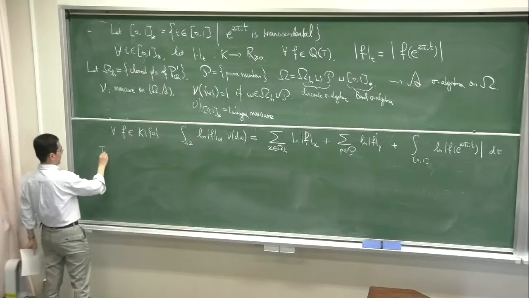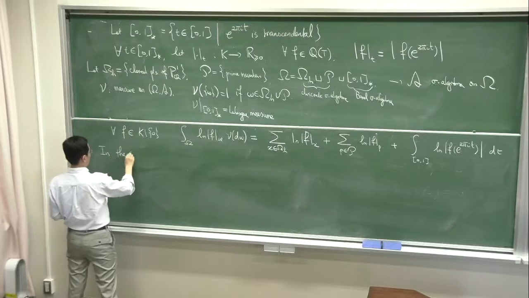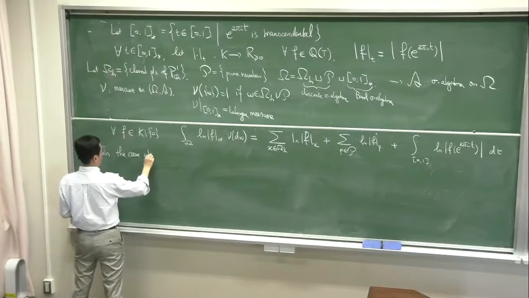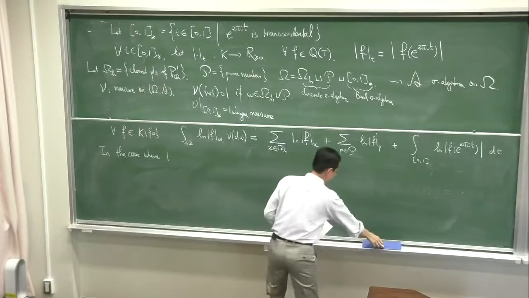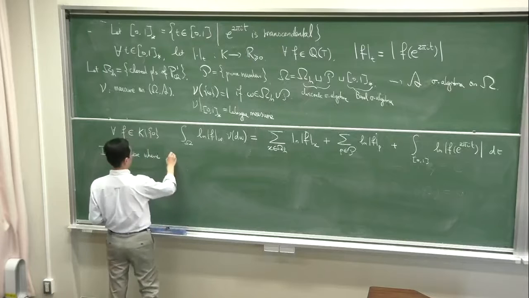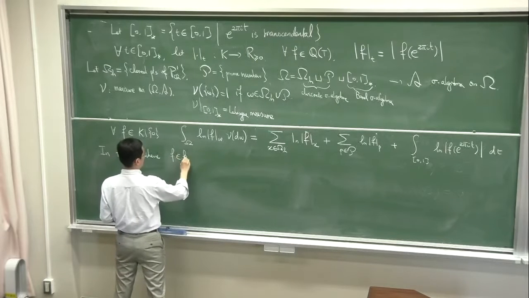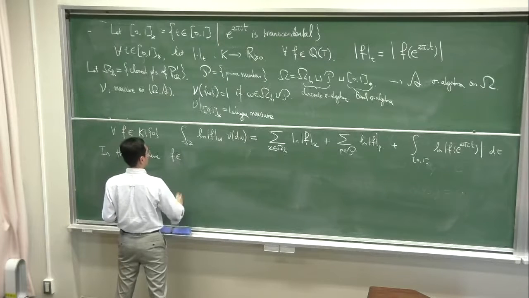And now, in a particular case where f is inside the polynomial ring, sorry, here it would be Q[t].